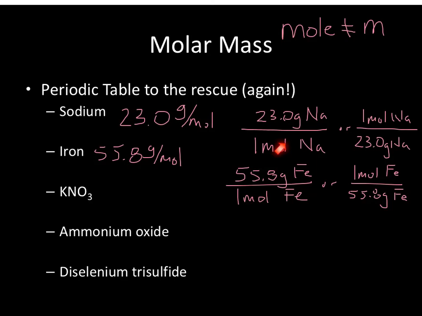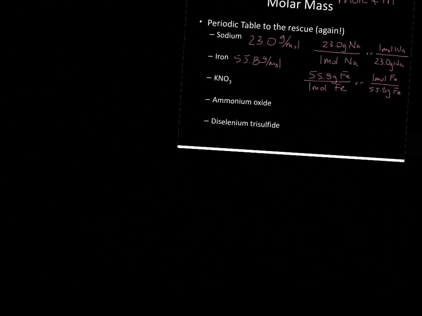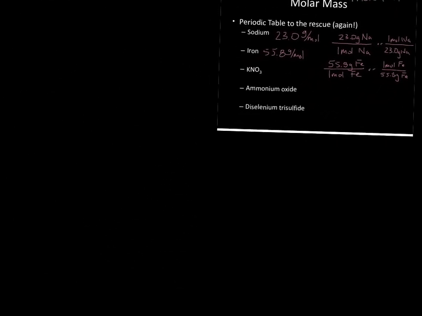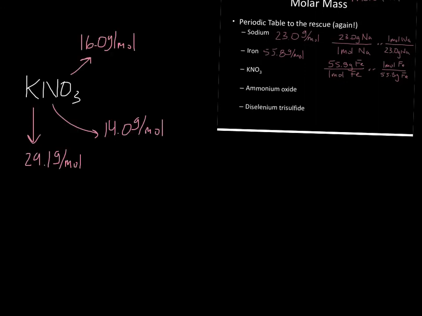Okay, we can do the same thing with molecules as well. So let's do potassium nitrate, ammonium oxide, and diselenium trisulfide. Potassium nitrate first. Potassium is about 39.1 grams per mole, nitrogen is 14.0 grams per mole, and oxygen is 16.0 grams per mole. We also notice that we have 3 oxygens, so to get the mass of this entire compound, we have to take into account the 3 oxygens and multiply the oxygen by 3.